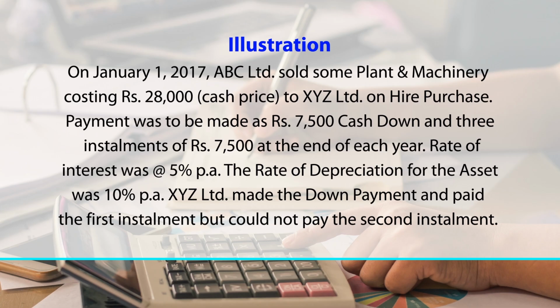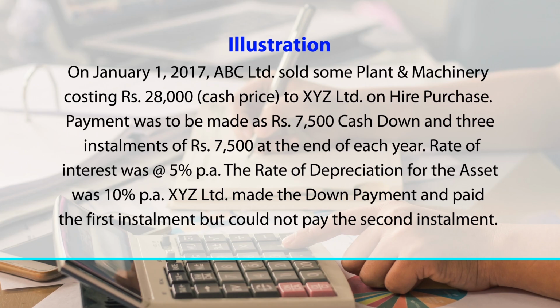Here XYZ Limited is the hire purchaser and ABC Limited is the hire vendor. Payment was to be made as rupees 7,500 as cash down payment and 3 installments of rupees 7,500 each at the end of each year. Rate of interest is 5% per annum, rate of depreciation 10% per annum.